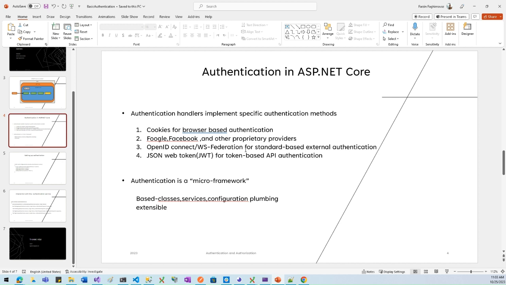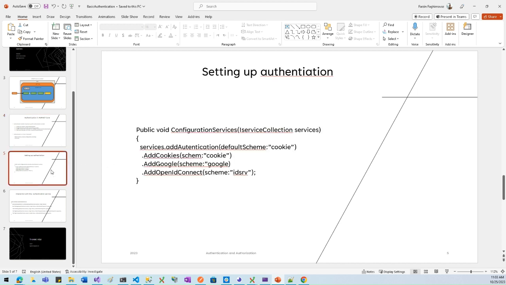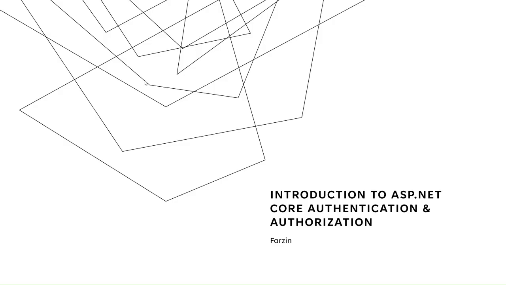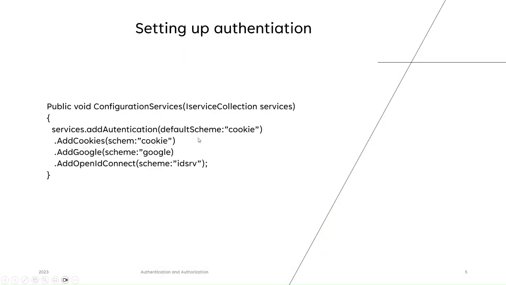Okay. So how are we going to add this handler in your .NET Core application? As I told you, each time we want to add a new service to our application, we need to add that service and configure it.